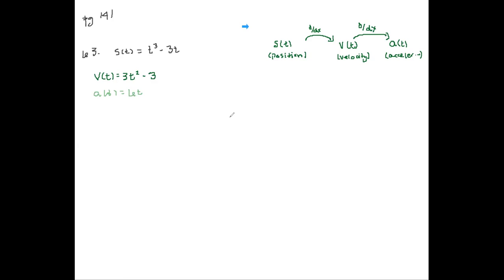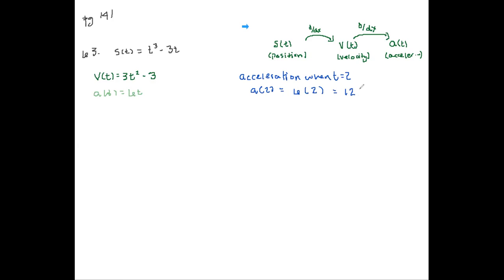How do we do that? Exactly. t equals 2. So we say a of 2 is equal to 6 times t, with t equal to 2.